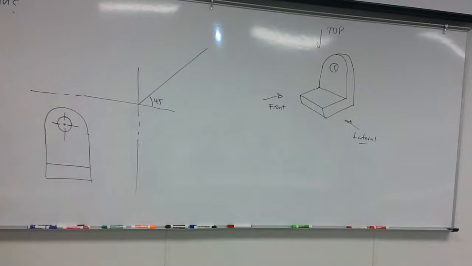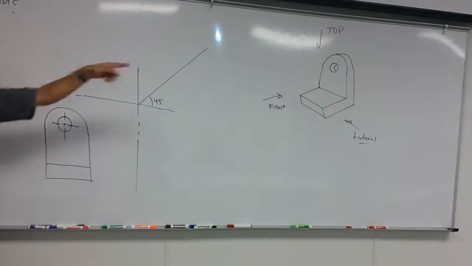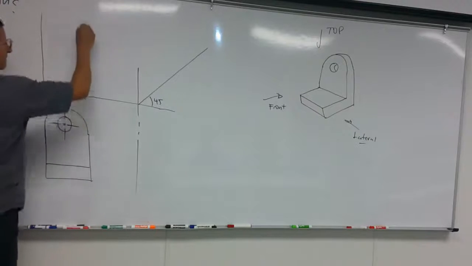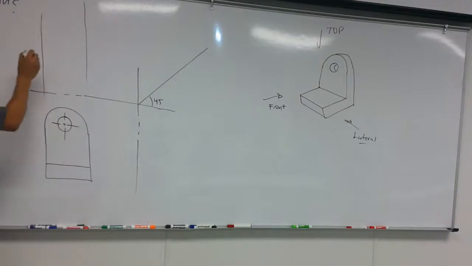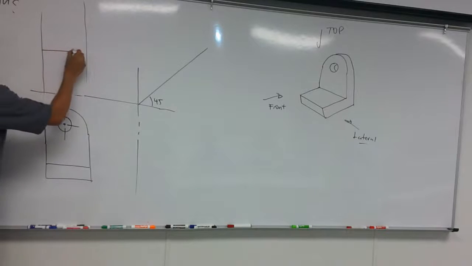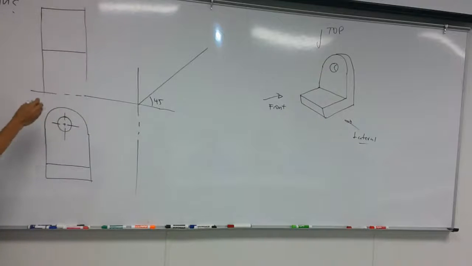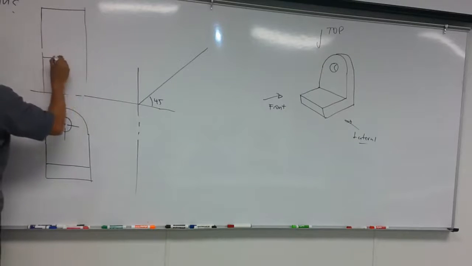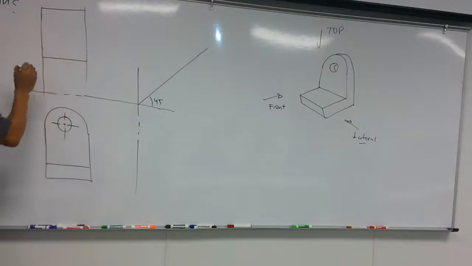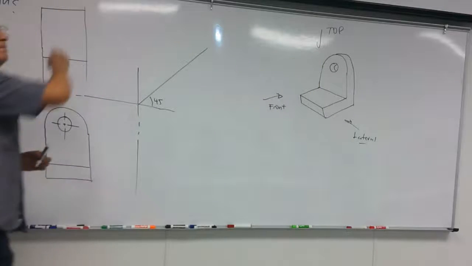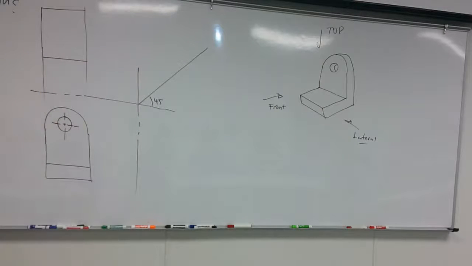Great. Okay, what happens with the top view of that object? It's something like this. And what about this area on top? How do you see that area on top?